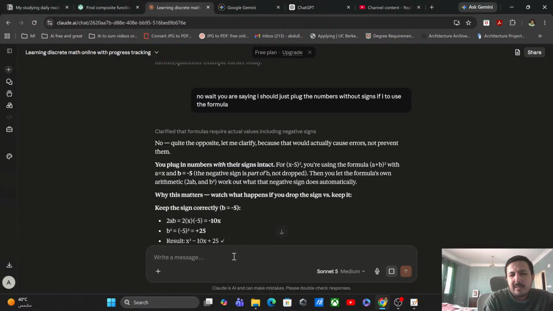Quite the opposite, I'm clear. That actually causes errors. Prevent them. You plug in numbers with their signs intact. If you're using the formula with a and b, the negative sign is part of b, not dropped.